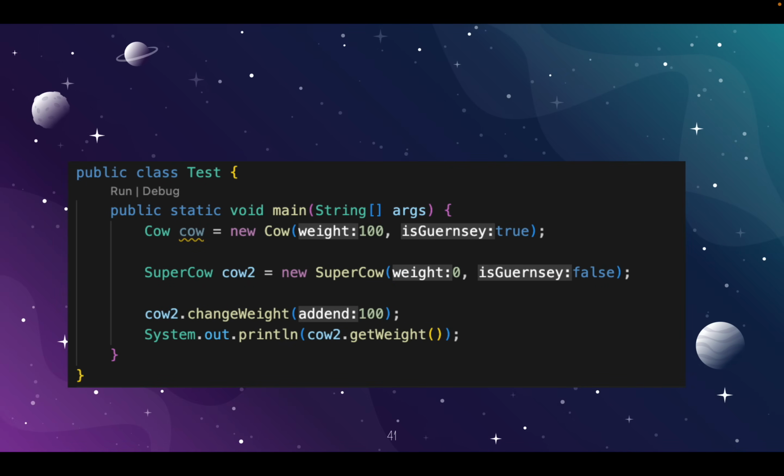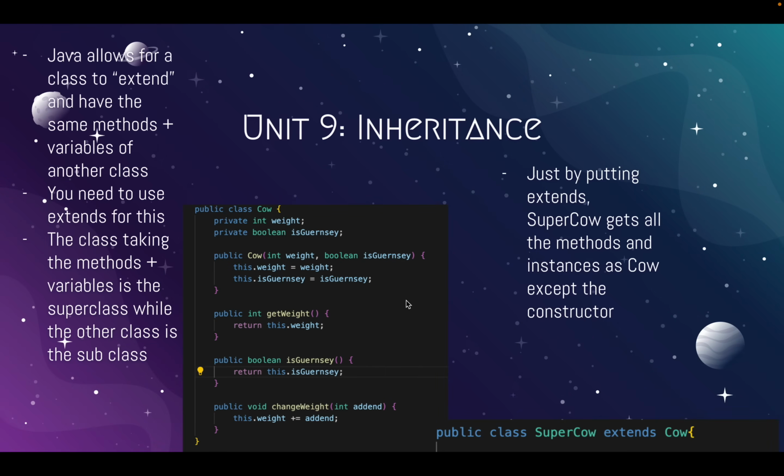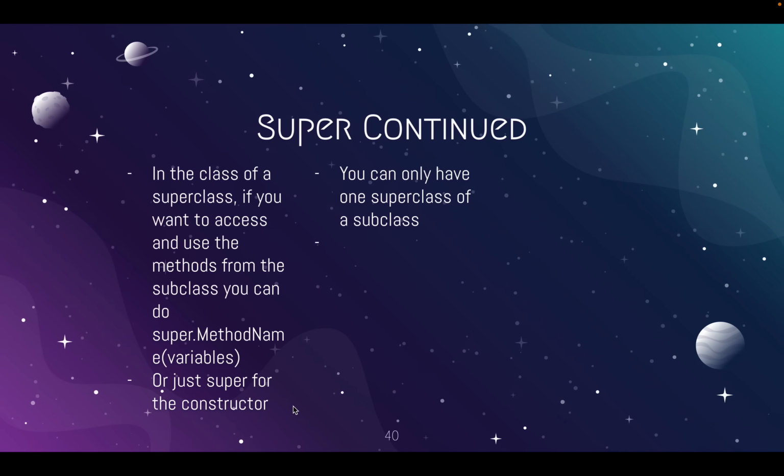So here's a main class for the two classes. Here, cow is just a regular Cow created. Cow2 is a SuperCow created. Since cow2 is a SuperCow, and I didn't write anything but I put the extends keyword, I can still use the changeWeight method.